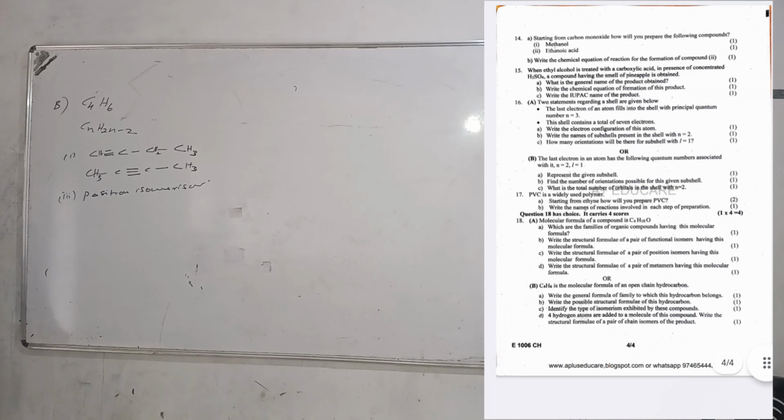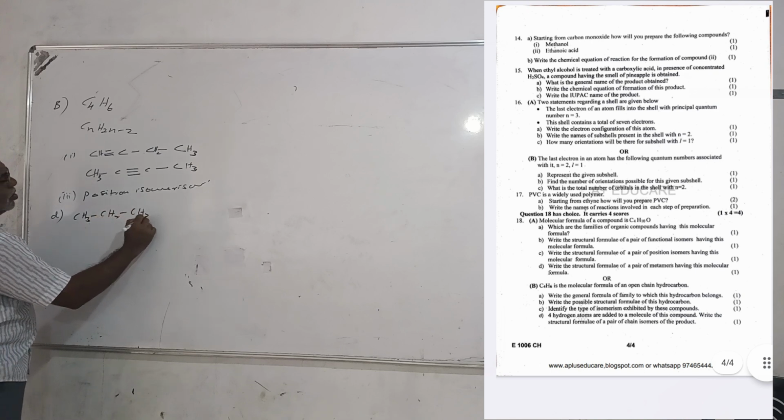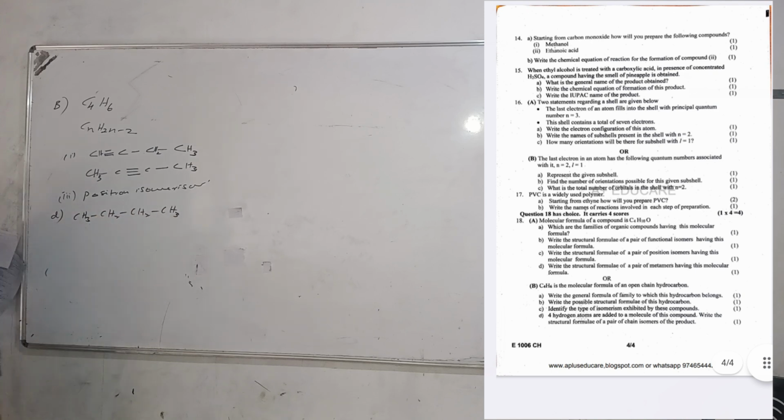When 4 hydrogen atoms are added, it will become butane, CH3CH2CH2CH3. Here it was H6, now H10.